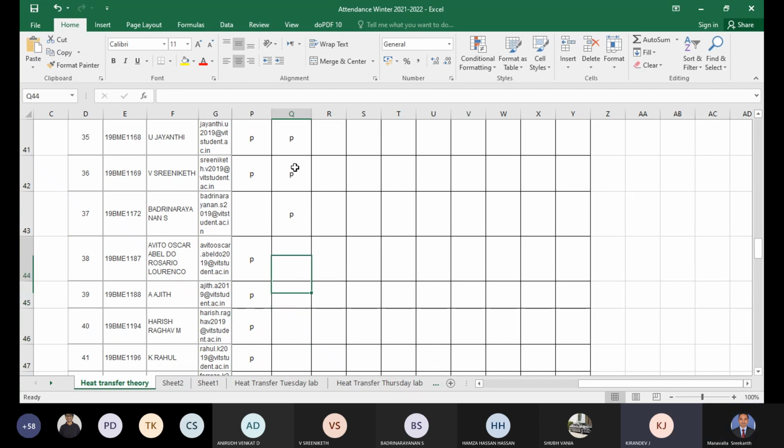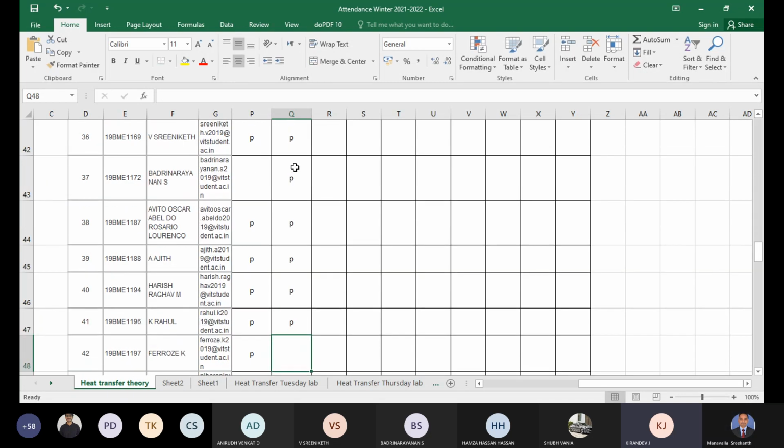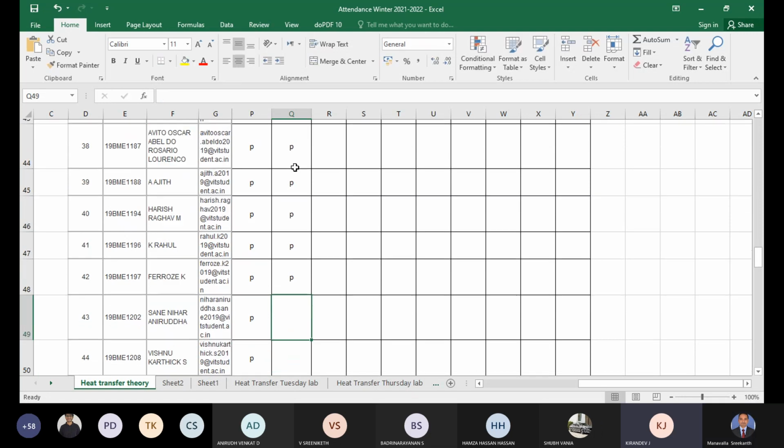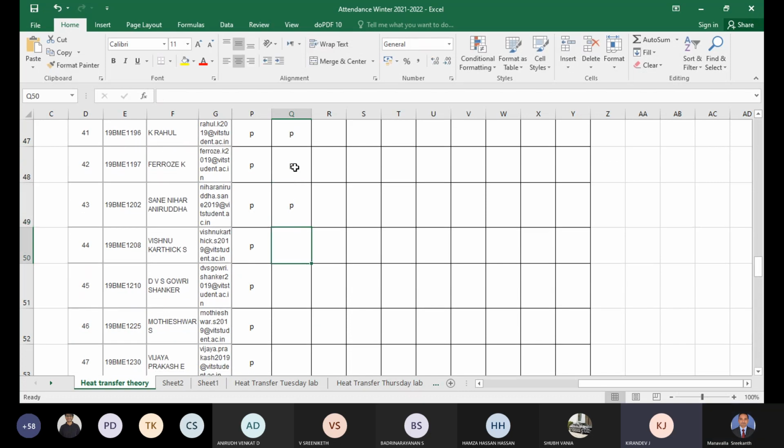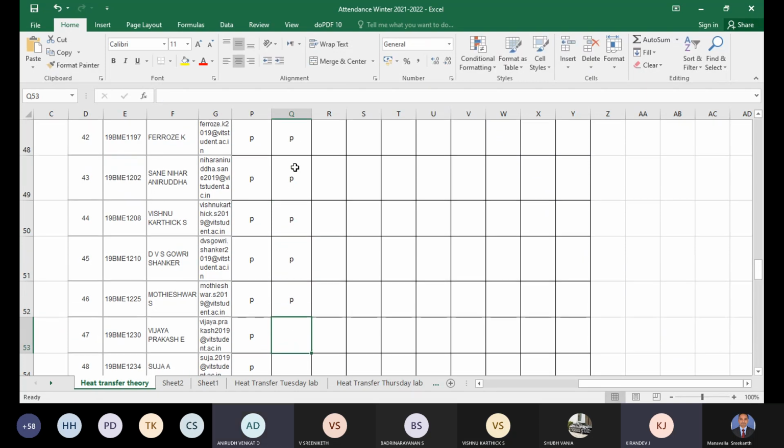Ajit, present, sir. Harish Raghav, present, sir. Rahul, present, sir. Firoz, present, sir. Nihar, present, sir. Vishnu Karthik, present, sir. Gauri Shankar, present, sir. Jay Prakash, yes, sir.